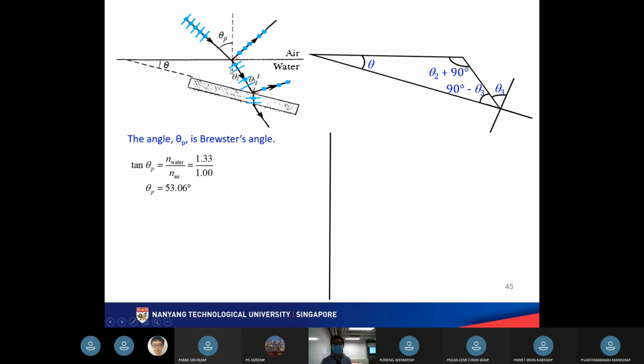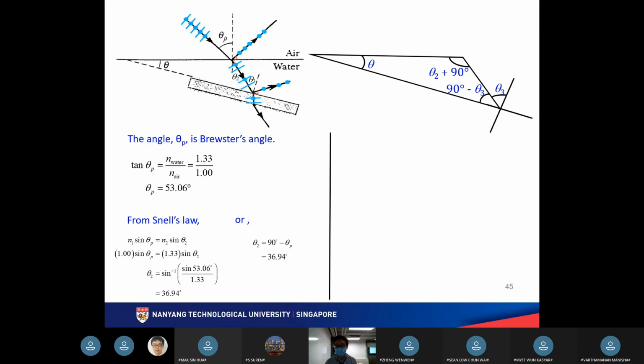Once I get theta p, I can calculate theta 2, either using Snell's law, which gives about 37 degrees, or using the property at the Brewster angle that the reflected and refracted rays are perpendicular, so theta p plus theta 2 equals 90 degrees. I also get theta 2 equal to about 37 degrees.